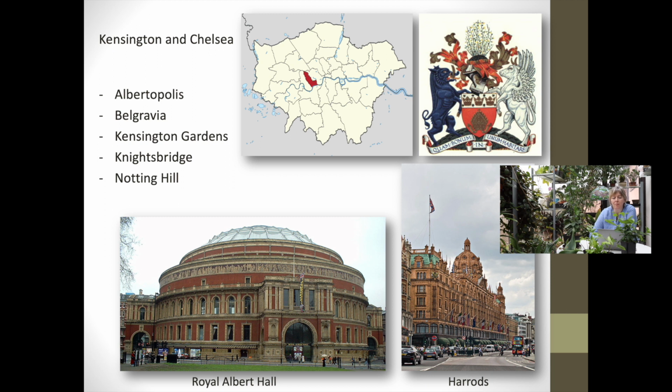They were all built on the profits of the Great Exhibition, and they are situated close together, and this area is called Albertopolis, in memory of the husband of Queen Victoria, Prince Albert. There is a wonderful, big, very elaborate statue of Prince Albert in front of the Royal Albert Hall.